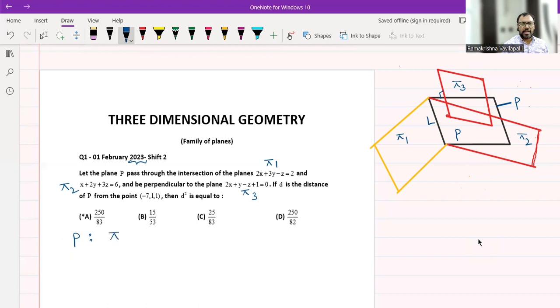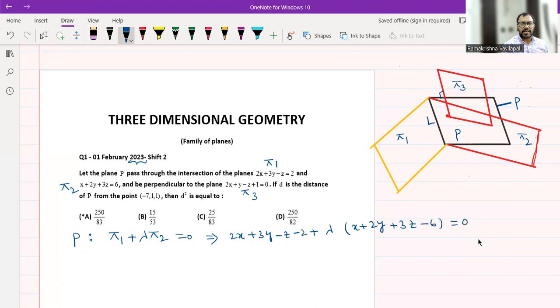it contains the line of intersection of pi 1 and pi 2 equal to 0. So this implies the first equation is 2x plus 3y minus z minus 2 plus lambda into the second plane x plus 2y plus 3z minus 6 equal to 0.